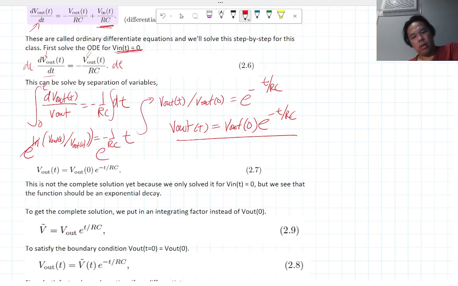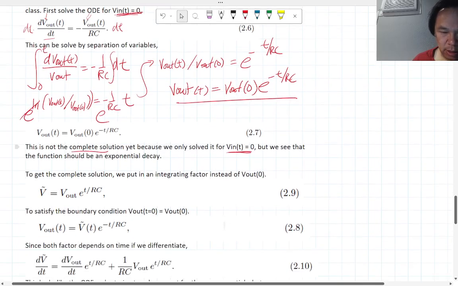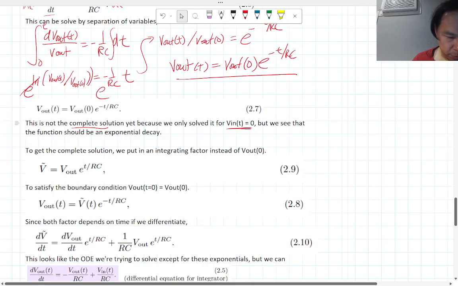So that's the solution for this differential equation when V in is actually 0. This only works for this particular case, so this is not the complete solution yet. We only solved it for V in equal to 0.